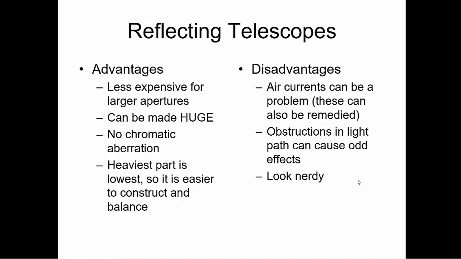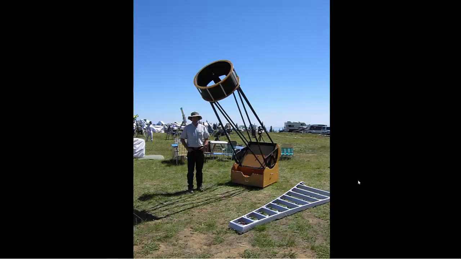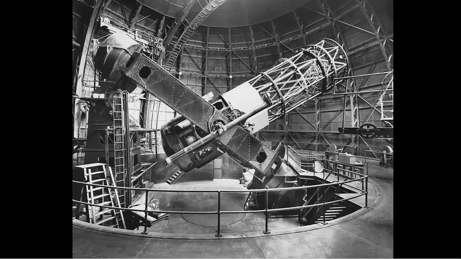And a lot of people think that reflecting telescopes look nerdy, so I think they look utilitarian. I would use that term to describe them. It's a tool, and you don't really worry about it. I think this is a very old picture of the 100-inch telescope on Mount Wilson that Edwin Hubble used when he discovered the expanding universe and some other pretty neat stuff in the 1920s.